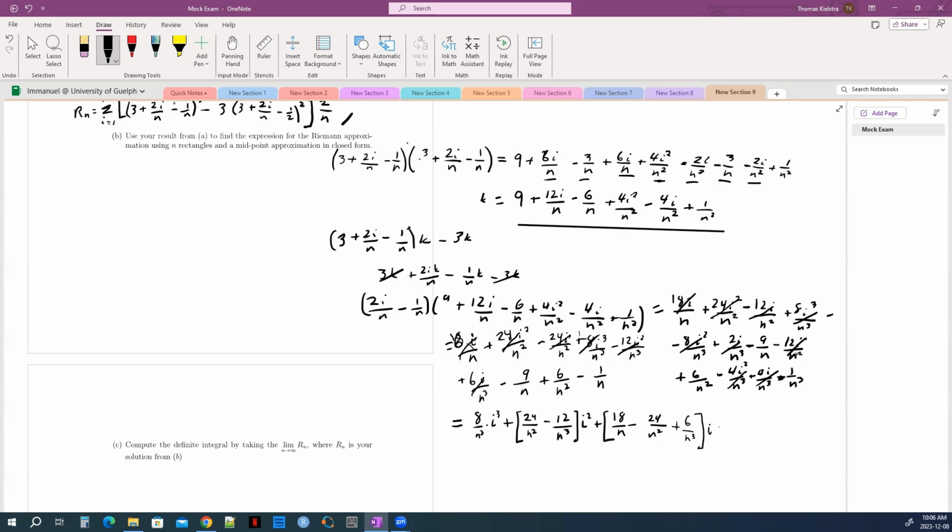And we're left with just our numbers, which is 6 over n squared minus 9 over n minus 1 over n cubed. And this is where we finish.